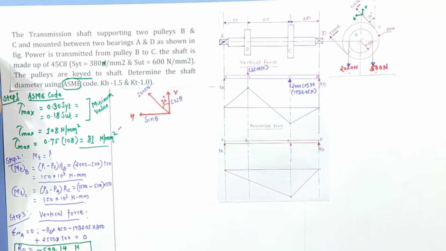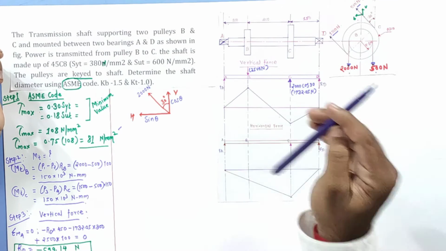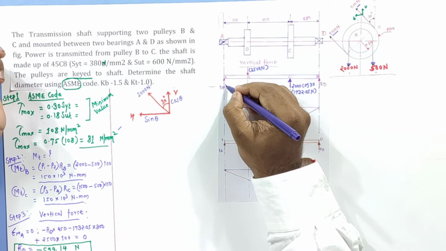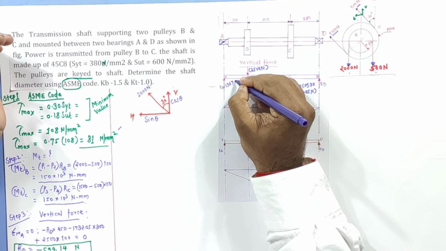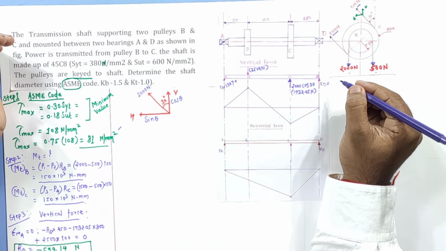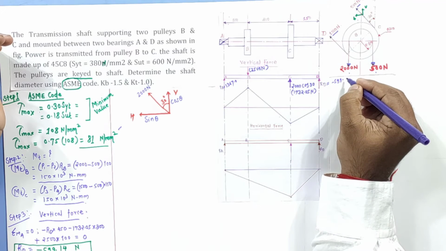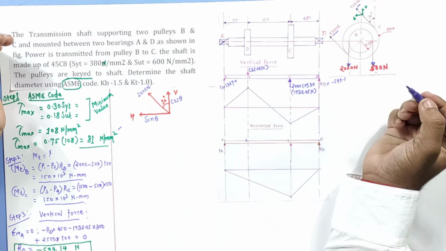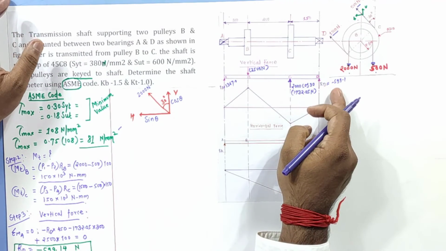So once we got the reaction at A, I'll write here RA 1367.0, and RD minus 599.1. So these are RA and RD, the reactions which we have calculated.